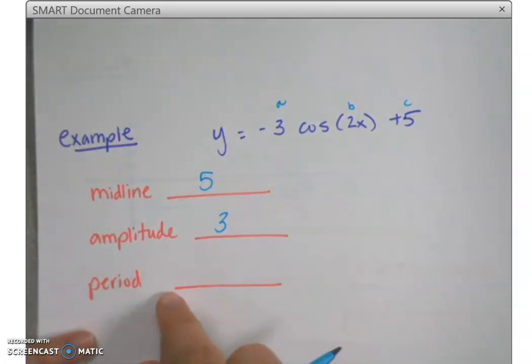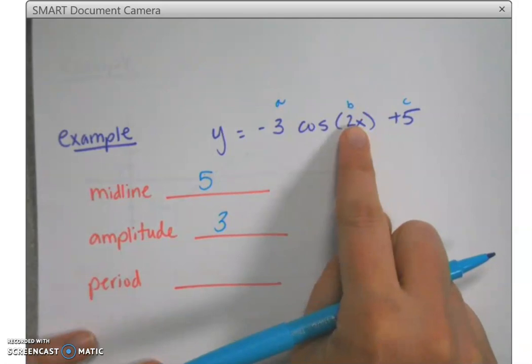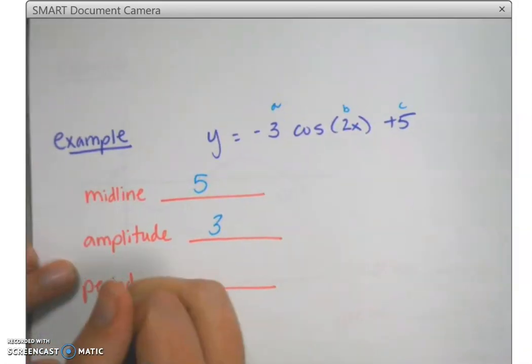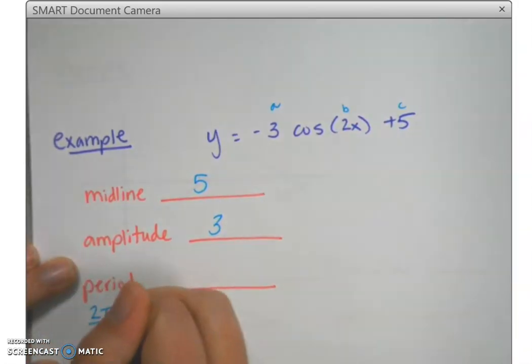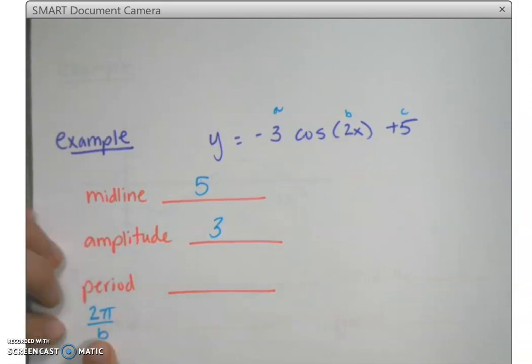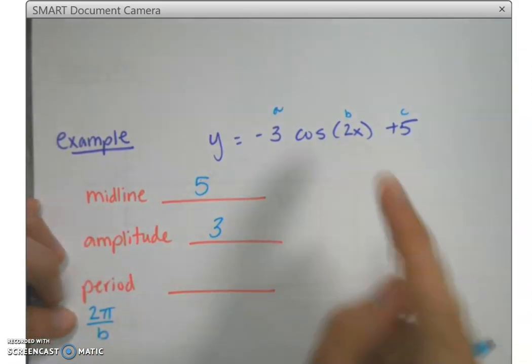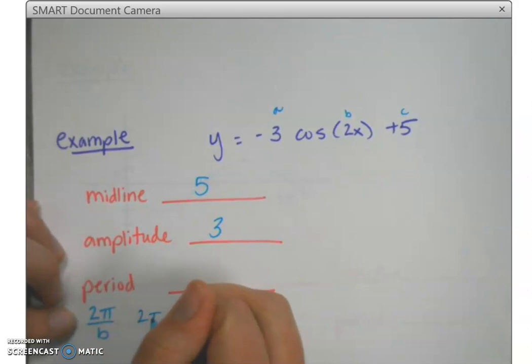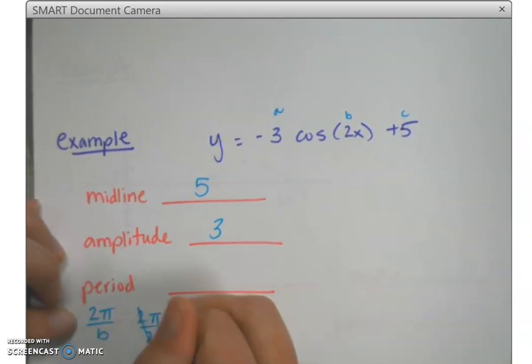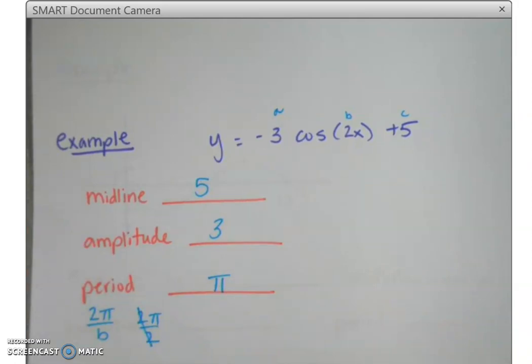Now period is not just B. Do not put 2. That would be incorrect. Period, remember, is 2 pi over B. That's your formula. Well, B in this problem is 2. So 2 pi over 2, those cancel out. My period is pi. So do not just tell me that the period is 2, and it's not 2x either. Okay, you actually have to plug it into the formula.